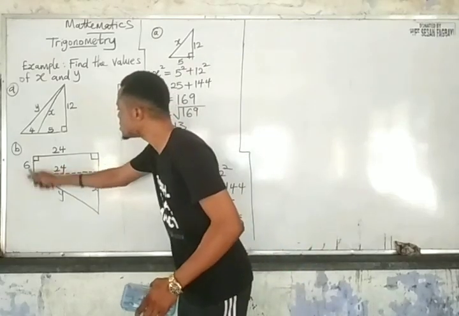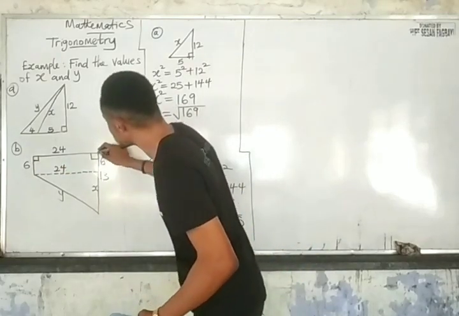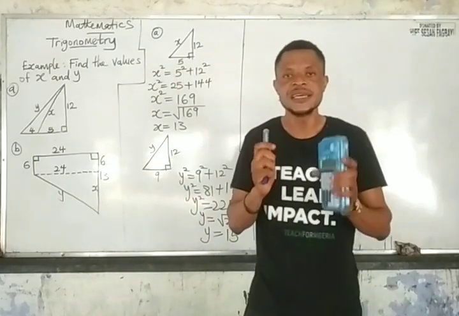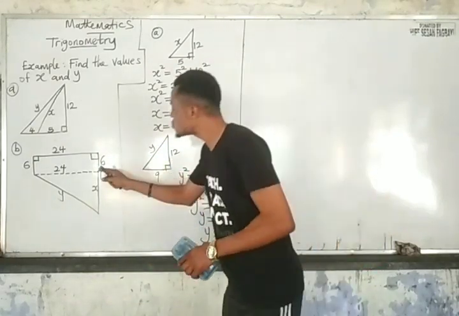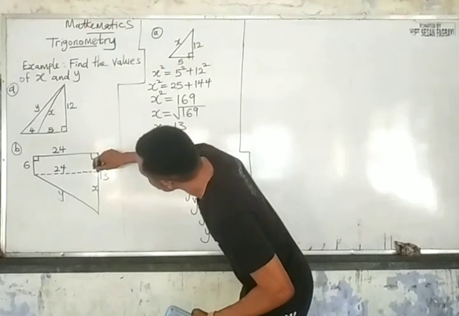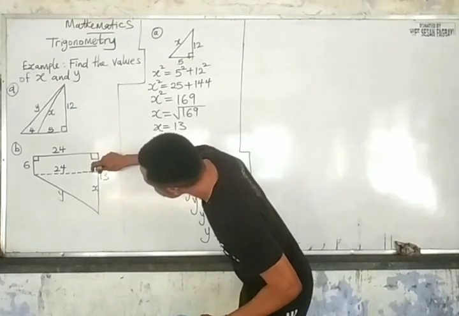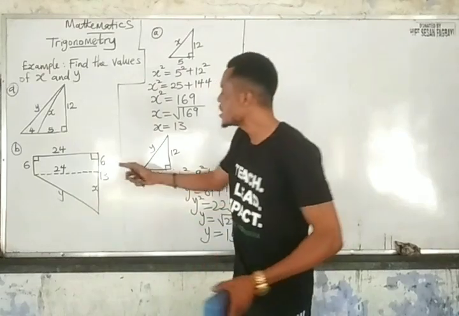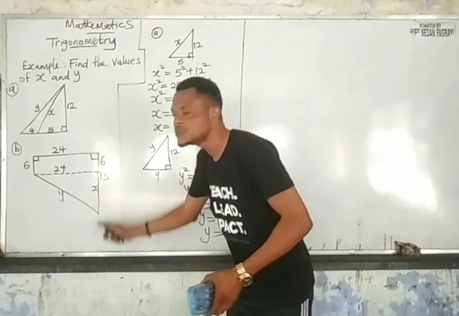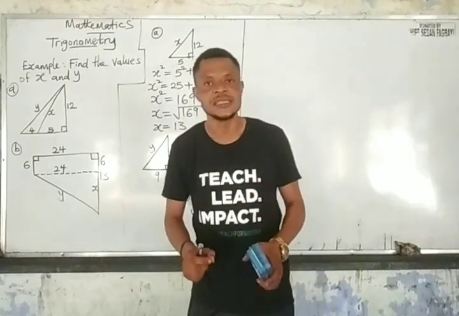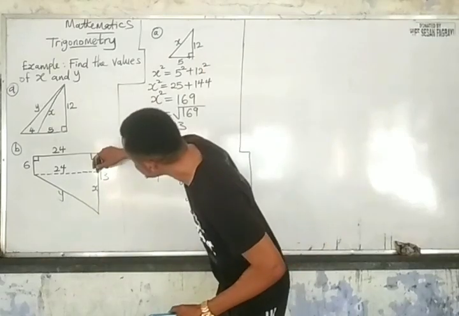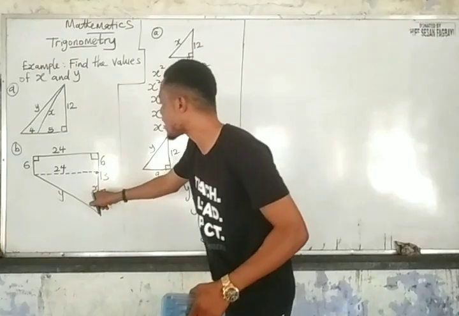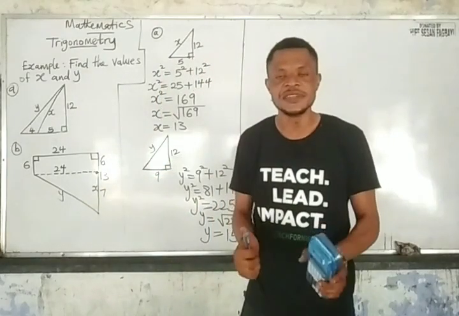That means if this is 6, definitely from here down to here is also going to be 6. Now what will be this point from here down to this place? All we need to do here is to remove 6 from the whole of 13. By the time we do that, from here to here is going to be 7. X is going to be 7.